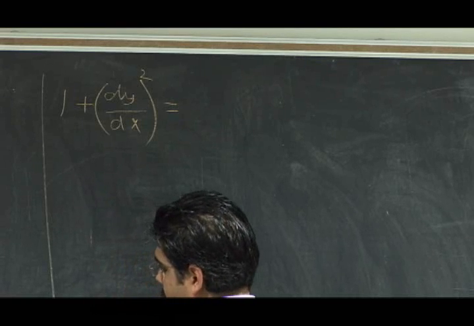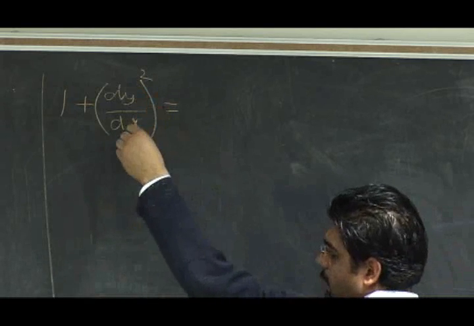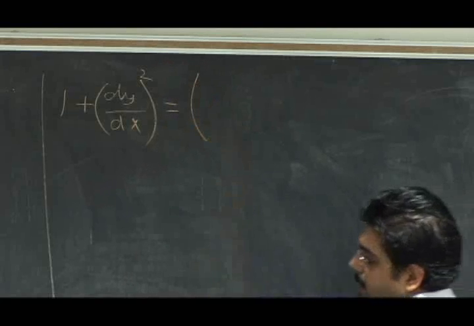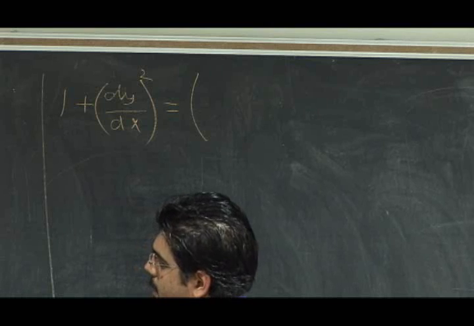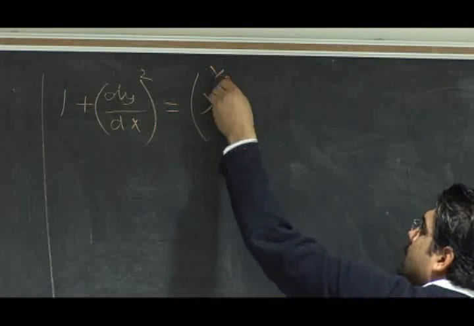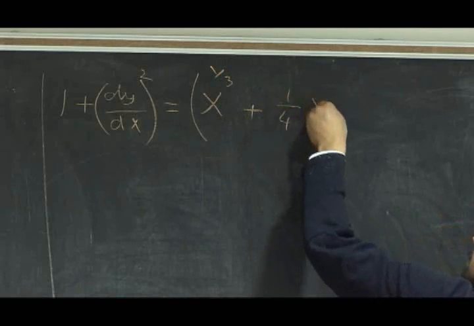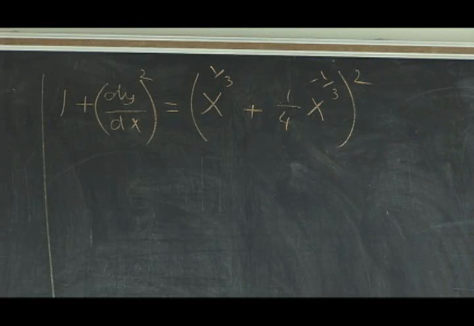This is exactly the same as this with the middle sign changed, right? So it's going to be the same as this with the middle sign changed, squared. So x to the 1/3 plus 1/4 x to the negative 1/3, squared. There we go. Okay, now the point is this is going to go in the square root, so I've got to make it look nice, right?